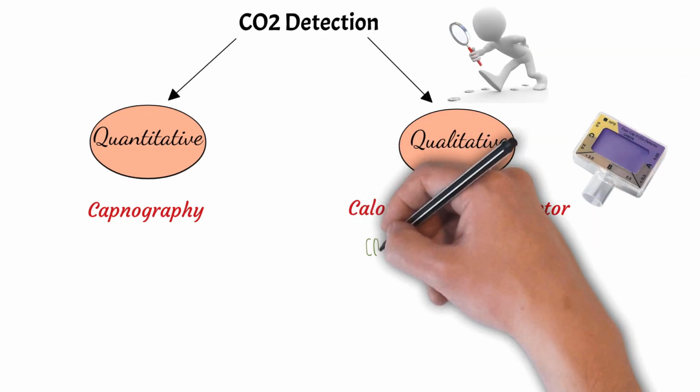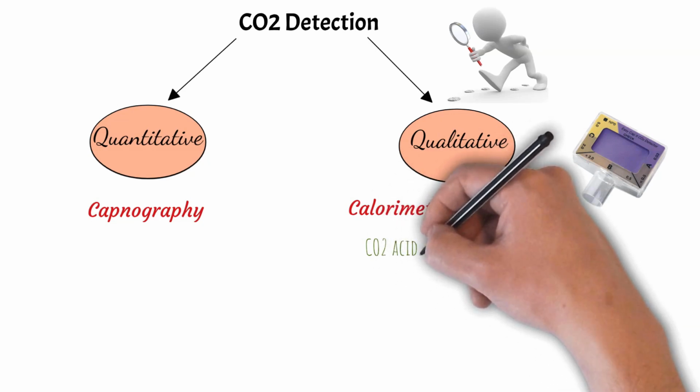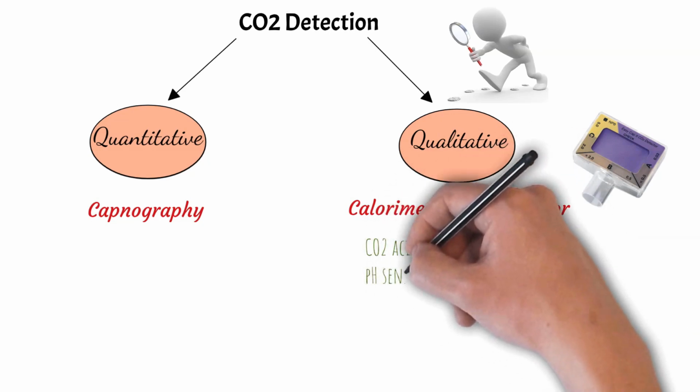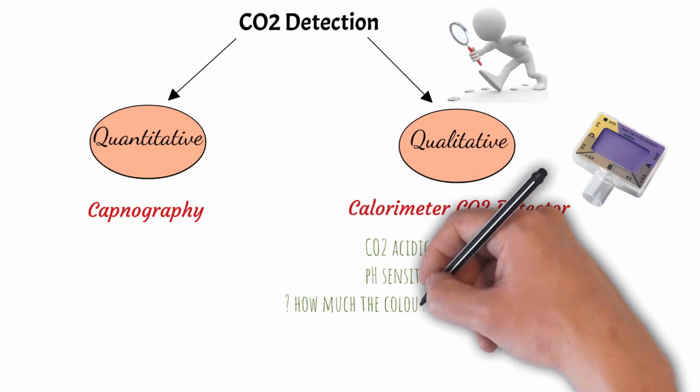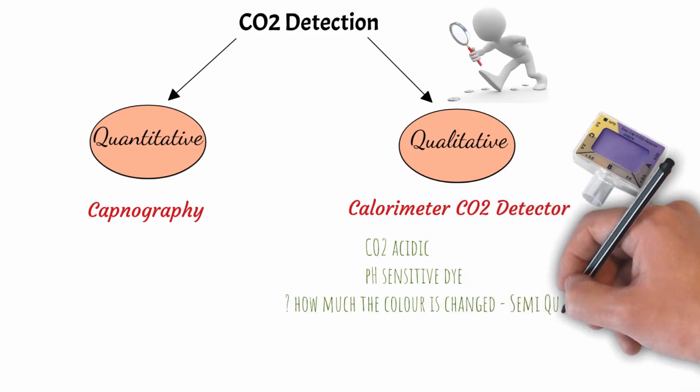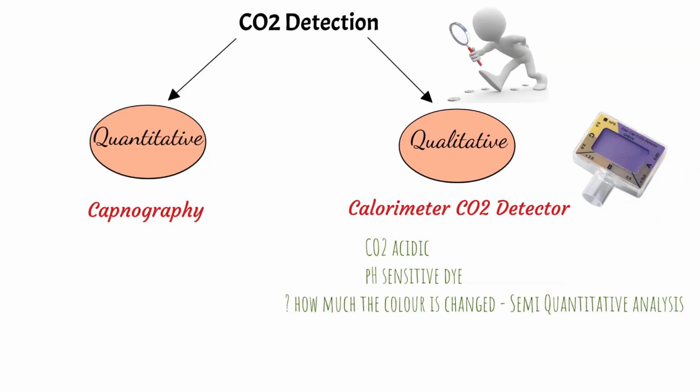What happens here is CO2, as you know, is an acidic gas, so there will be a pH sensitive dye. How much the color is changed is the basis of the principle of the colorimetric CO2 detector. It is a semi-quantitative analysis.